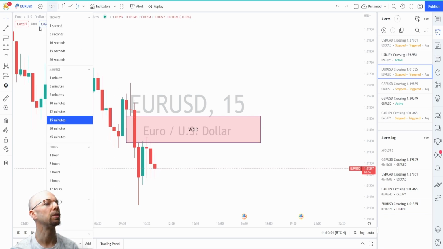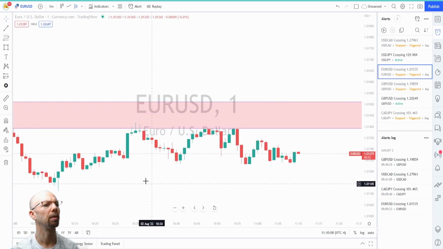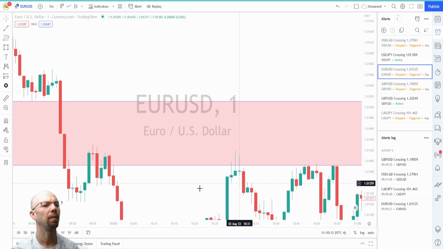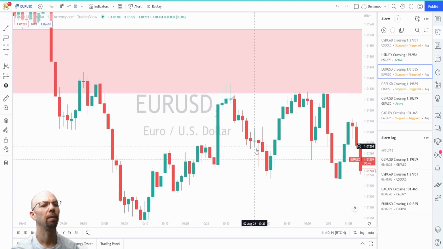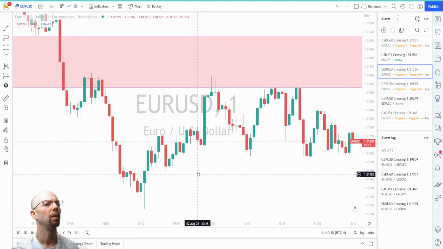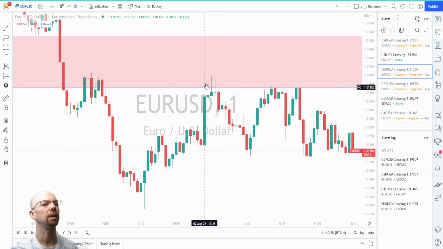Now, if we drop down to the 1 minute and we take a look, we can see that price came back into the area, and signs of exhaustion as soon as it came into that area, followed by an engulfing pattern.